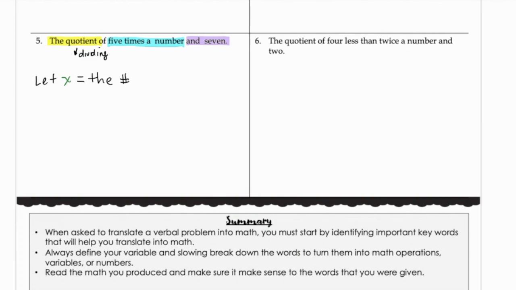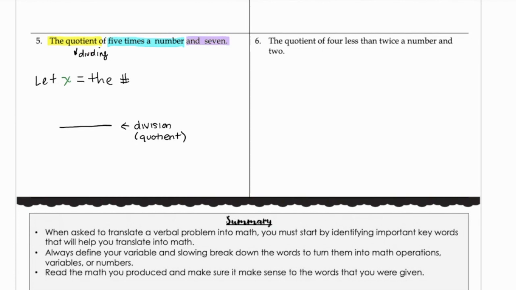But I don't want you to do your division with this symbol. When we are asked to do a quotient in 9th grade at this level, what we're going to do is a fraction, okay? So here's my division, my quotient, right? Most often you'll see that word quotient, but anytime you see that word, you should be thinking division. And when you think division, you should be thinking some sort of fraction.